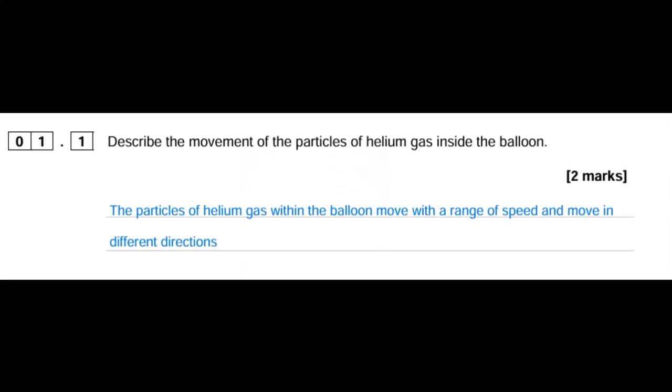For this question, it's nice and simple to just word it like that, with the model answer created by me being that the particles of helium gas within the balloon move with a range of speeds and move in different directions, with this getting you the 2 marks for the question.